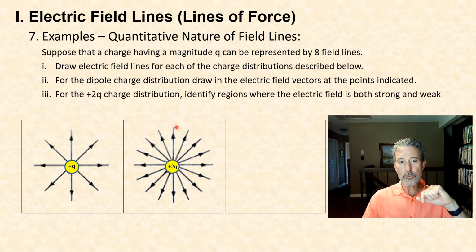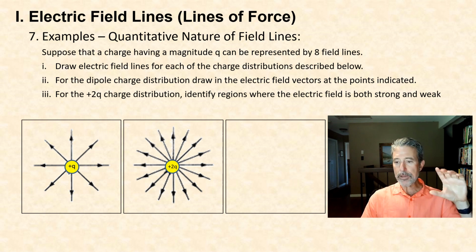Compare that to a bigger radius out here. You'll notice that the field lines out in this region are spread further apart, suggesting that the electric field is weaker in that region. So remember that the field line density, that is the number of field lines per area, tells us something about the strength of the field.